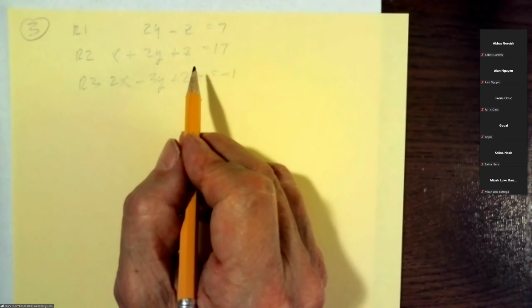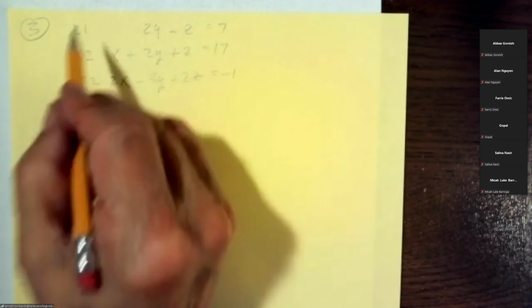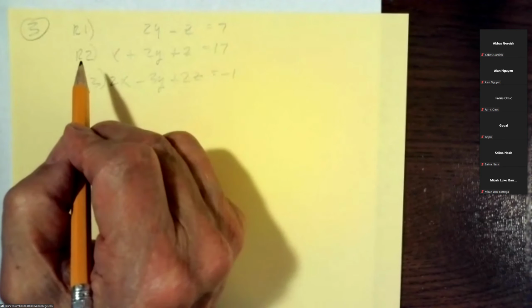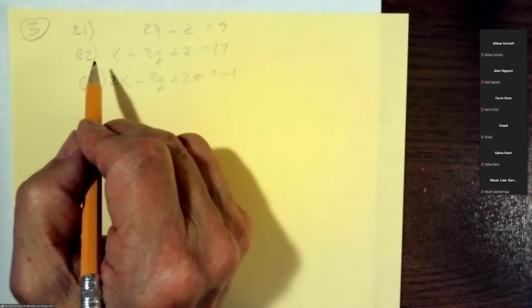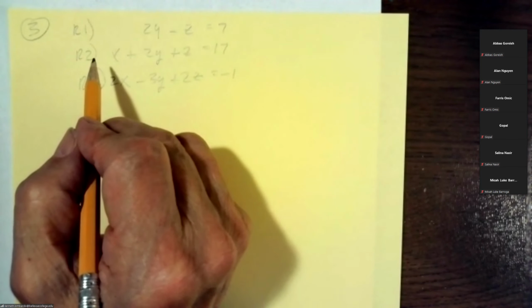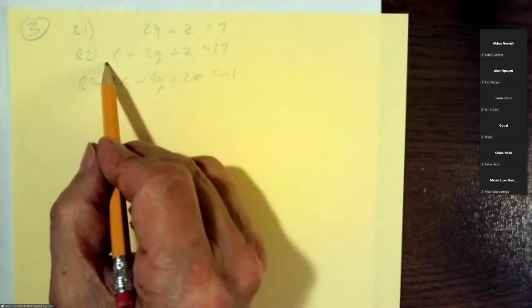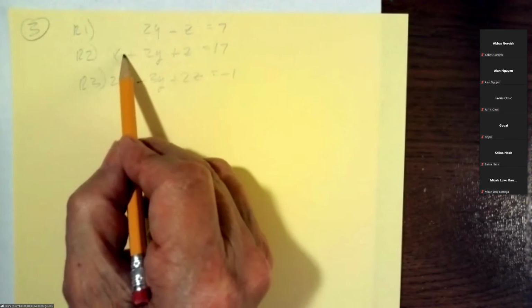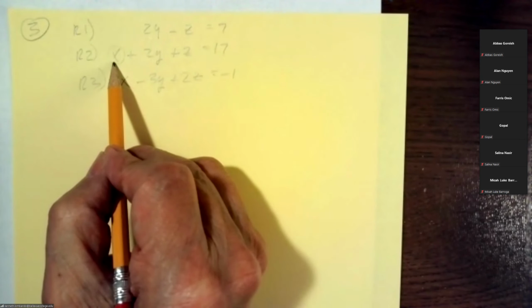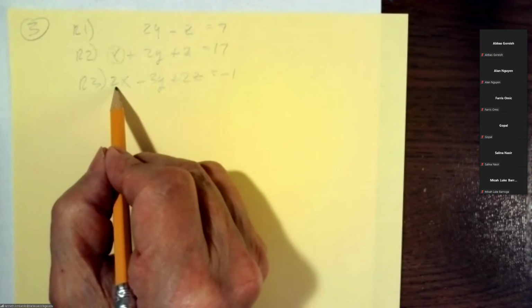And I say, well, let's see. Can I eliminate anything here? And what would be easy to eliminate as I go through here? So I guess I could eliminate x and z from equation 2 and 3.